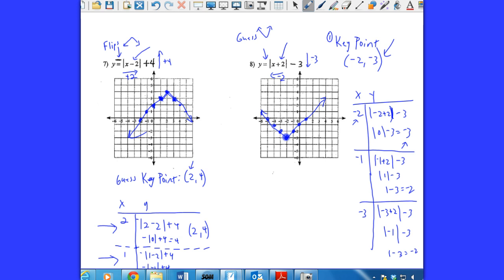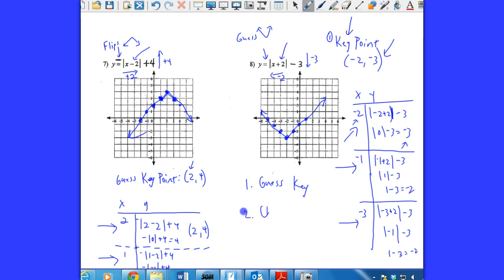So, recap. What you have to do: identify the key point, check the key point, pick 2 points around the key point. So 1, you have to guess the key point. Some people might call that the vertex. It's like the vertex of an angle.